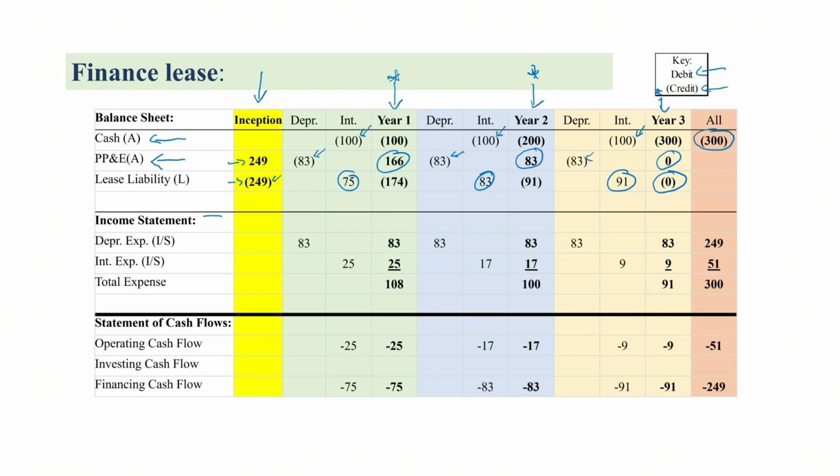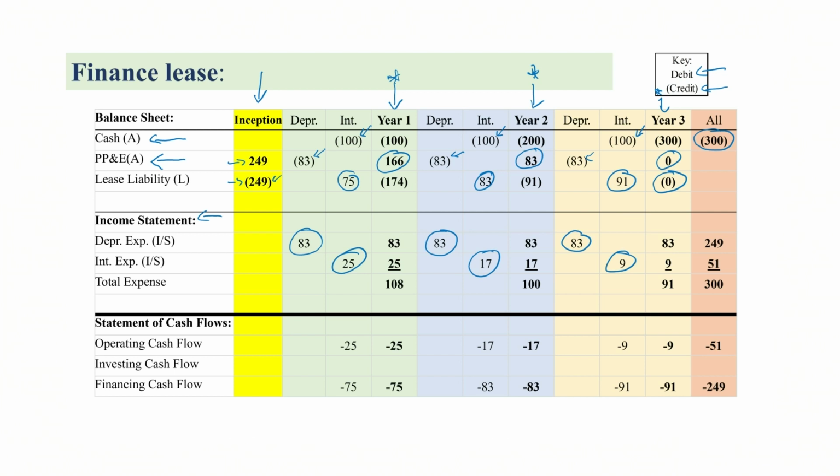On the income statement now, let's talk about depreciation expense. It's straight line depreciation expense, $83 each year. And so on our income statement, we'll have a flat depreciation expense each year. Interest expense, on the other hand, is not flat. It's front-loaded. The company recorded $25 of interest expense in year 1, $17 in year 2, and only $9 in year 3.